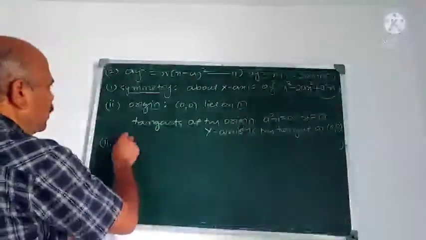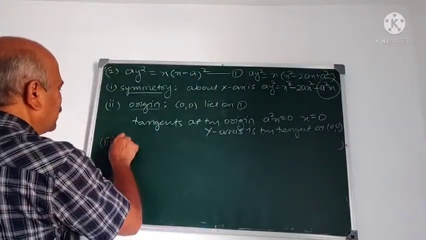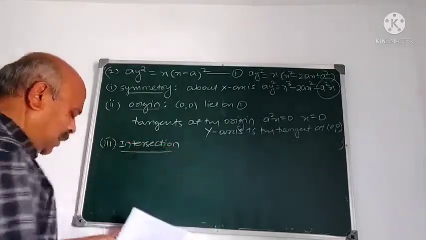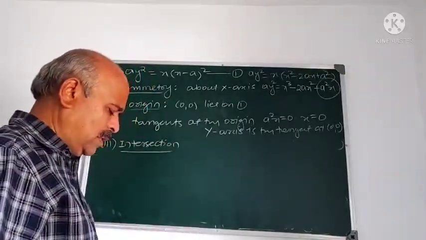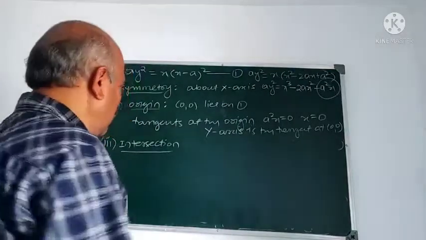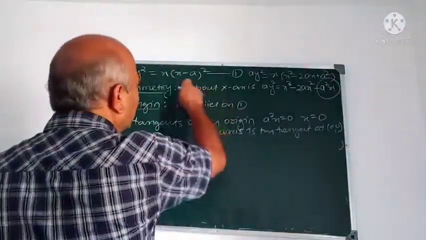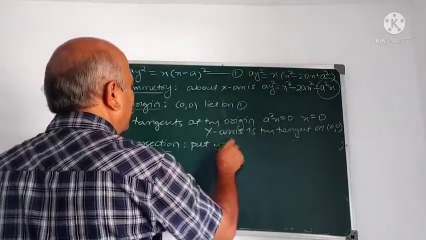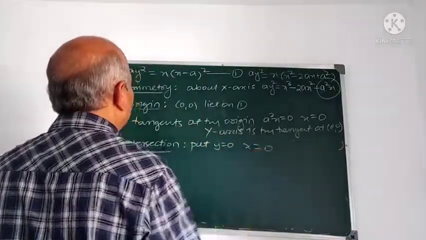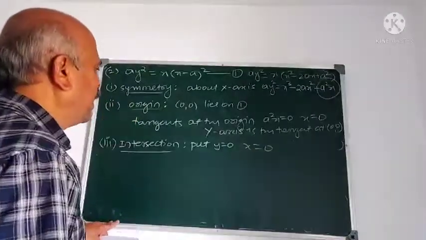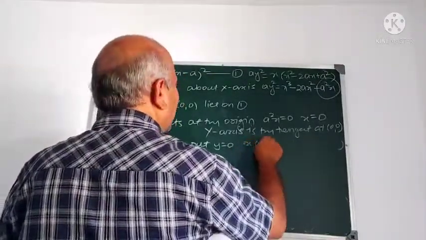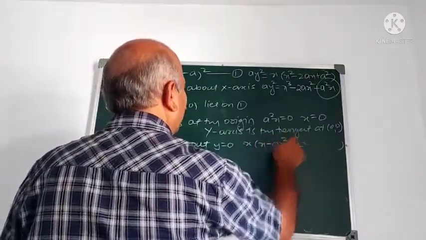Third one: intersection with the axes. For that, substitute y is 0 in the equation. Put y is 0, we get x into x minus a whole square is 0.